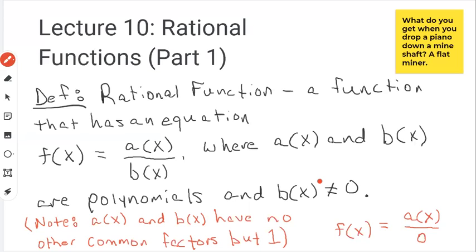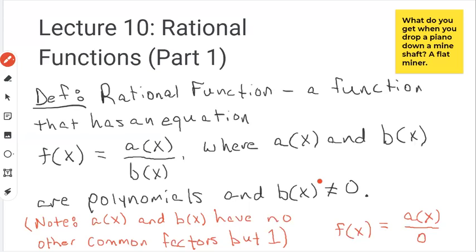So this goes all the way back to rational expressions when we did Algebra 2 Part A, where you would factor the top and the bottom as much as you could, and then you could cancel out common factors on the top and the bottom, so that a of x and b of x, the numerator and the denominator, have no other common factors but 1. So once you get rid of all the common factors, then the only common factor between a of x and b of x should be 1. Okay? And I'll leave that up there for a little bit so you guys can finish copying that down.